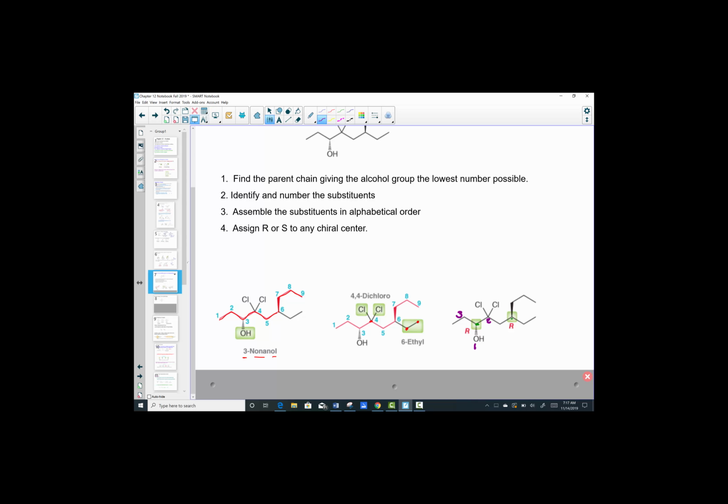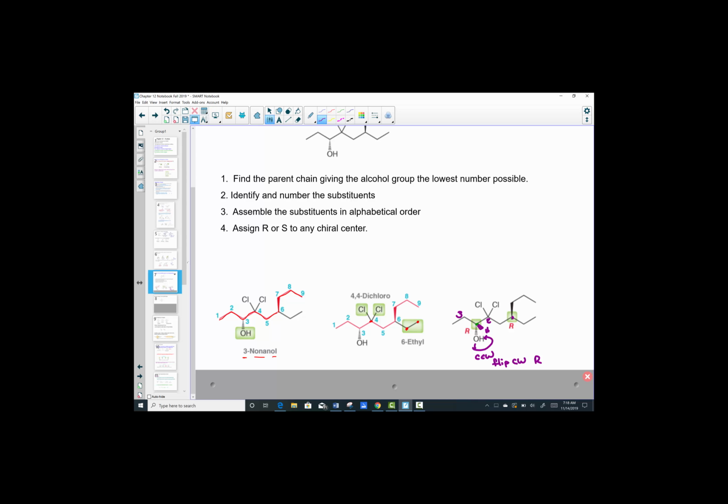Carbon number 3 heading left, the ethyl group, would be the third priority. And of course, the hydrogen, which is the 4th priority. Connecting these dots actually makes it spin counterclockwise, but we know to flip to the clockwise position since the hydrogen is coming out of the page, and it ends up to be an R configuration.